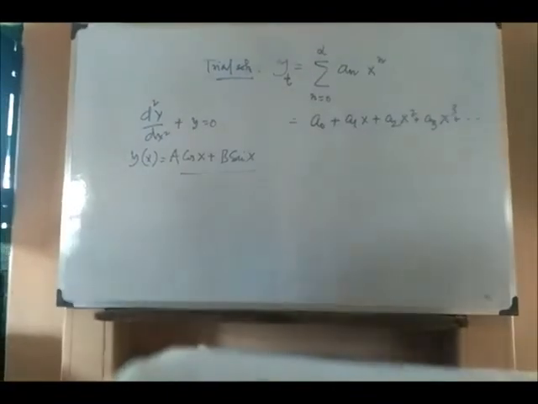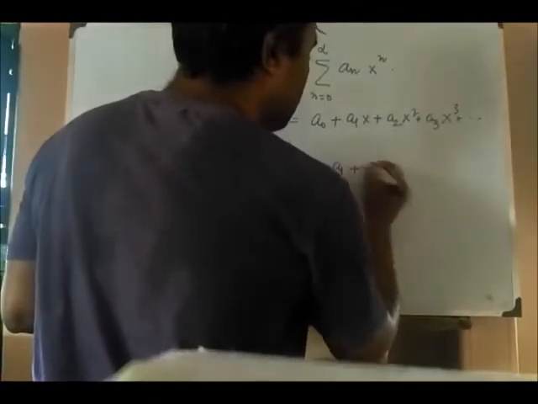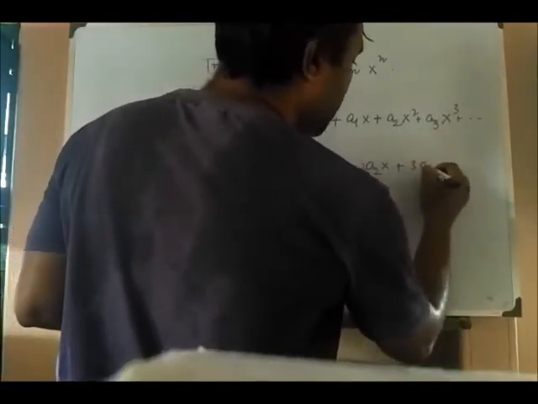right? Now if you differentiate this y(t), you will get a1 plus 2a2x plus 3a3x squared in this way.